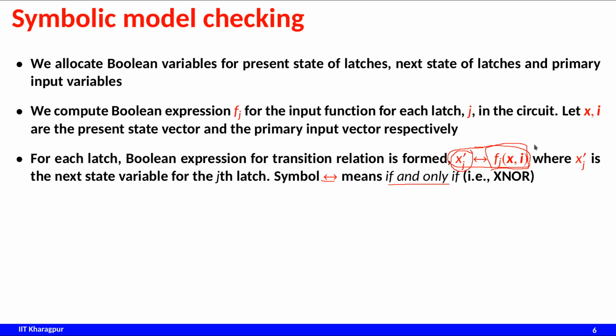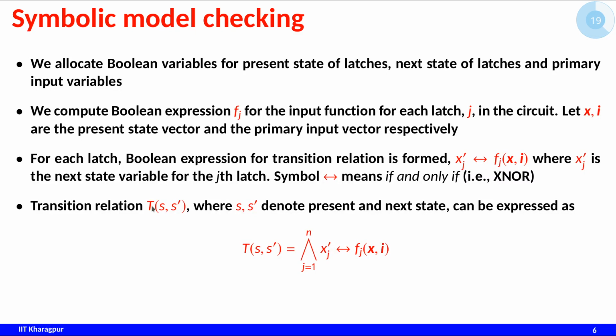So this is with respect to a single latch. The transition relation for a single latch will be this one, and for all the latches we just need to do a logical AND. If the transition relation is T of S and S prime, where S and S prime denote the present state and the next state, then it is nothing but the logical AND of the transition relations of all individual latches.